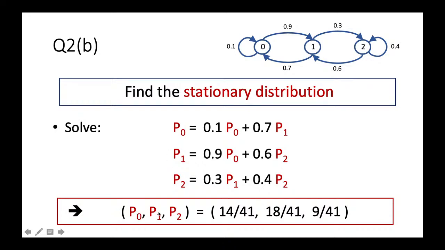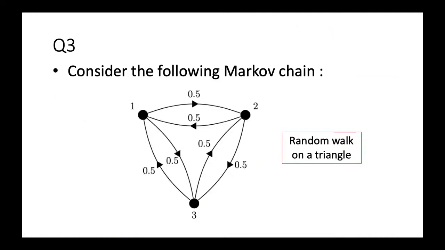We will have P0, P1, P2 in the ratio of 14, 18, and 9. Any case with 14, 18, and 9 in the ratio will satisfy the above formulas. Then, since we want the sum to be equal to 1, we normalize by dividing by the sum of 14, 18, and 9. So we divide by 41, and then we get the result. So this is question number 2.